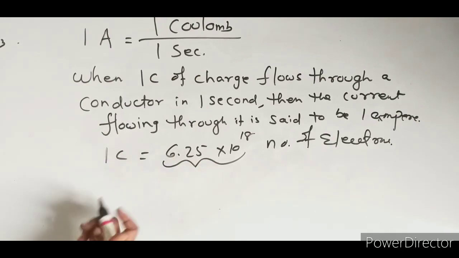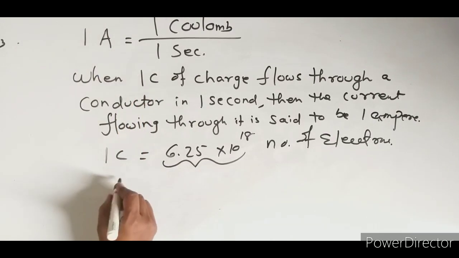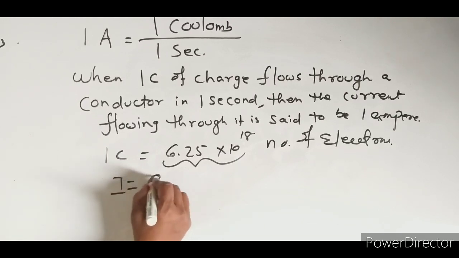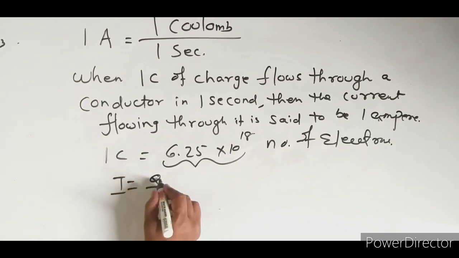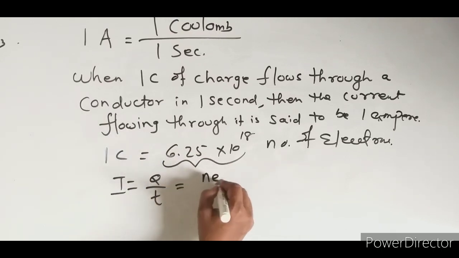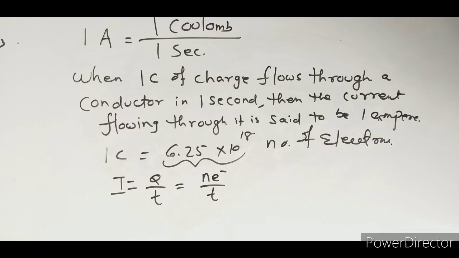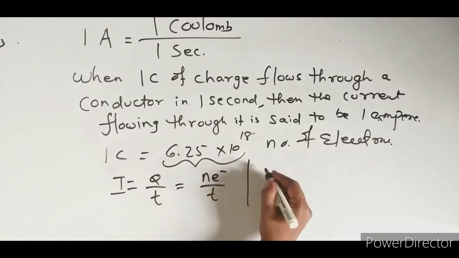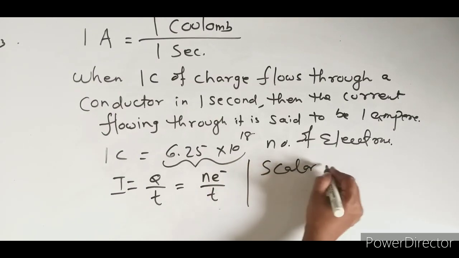Here also we can represent I equal to Q by T. As Q equals N number of electrons, Ne by T also can represent it. Understood? So here current is a scalar quantity.